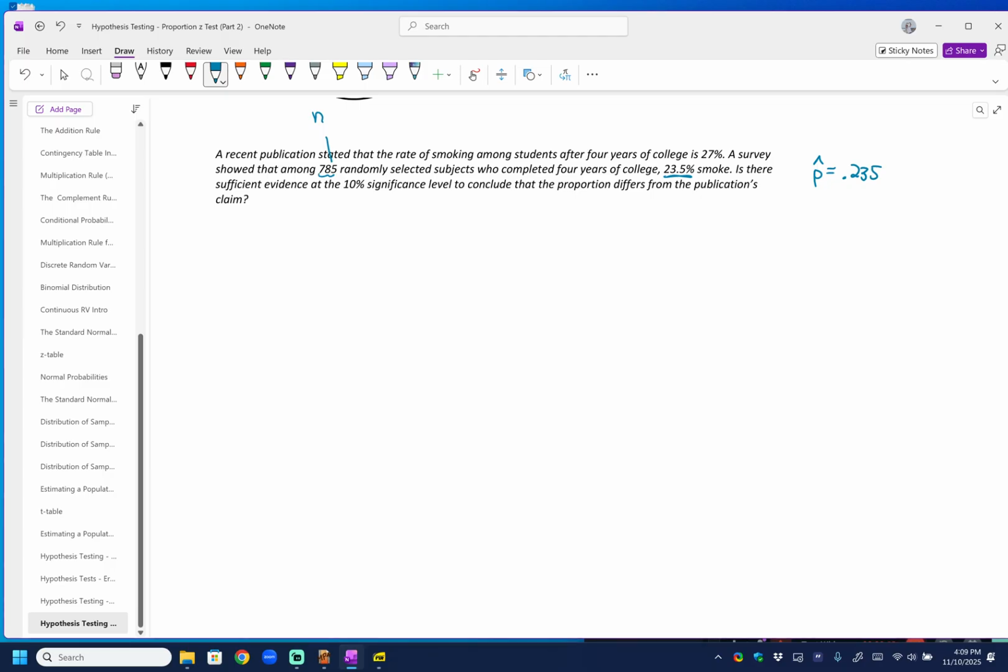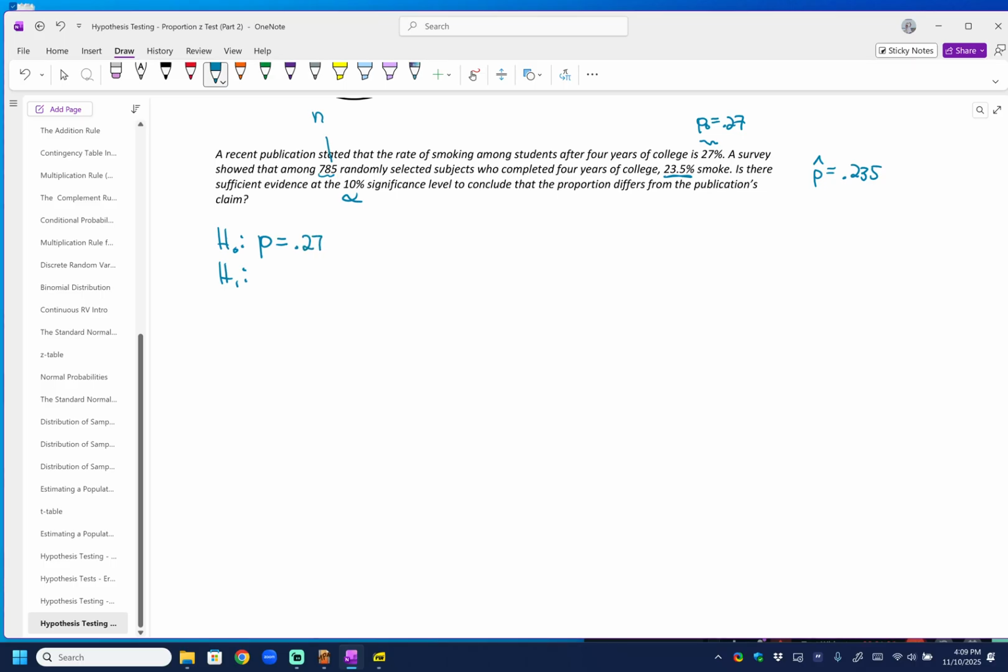That also means that this guy is going to be our population proportion, as 0.27. Alpha is sitting right here. So the assumptions do get satisfied. Let's move on to our null and alternative hypothesis. We have a statement of equality with the population parameter p, and we include p sub 0, which is 0.27.